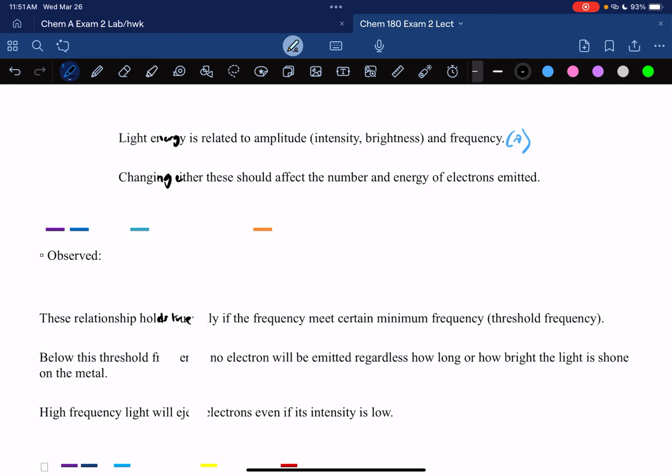Yeah, once you meet that minimum, the brightness will increase the number of electrons. Below this threshold, which we call the threshold frequency, no electron will be emitted regardless.